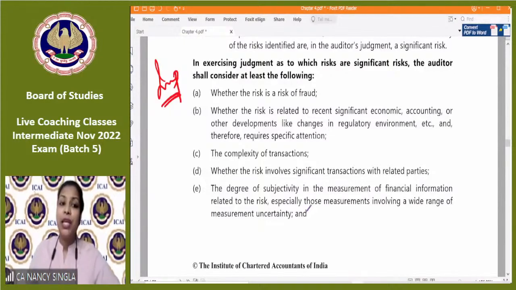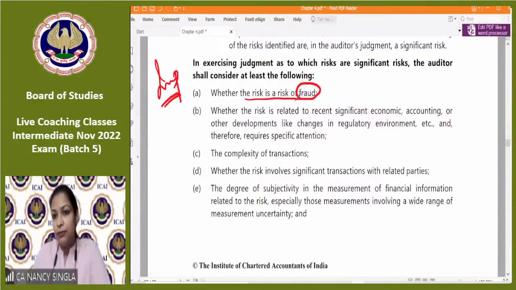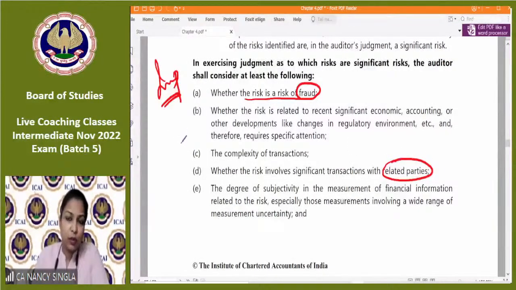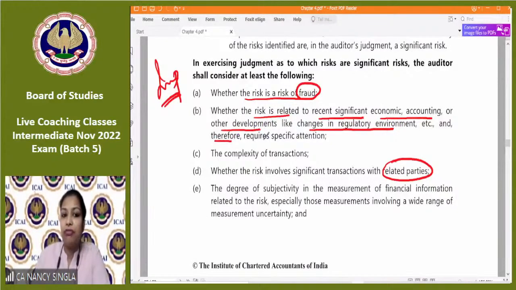What are these? He will consider a risk to be significant when the risk is a risk of fraud. Obviously, we have discussed this. Then when it is related to transactions with related parties, which we have also done. Now, if the risk is related to recent significant economic, accounting and other developments, like changes in regulatory environment, and therefore requires specific attention.